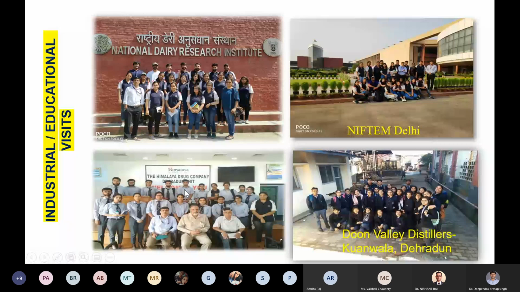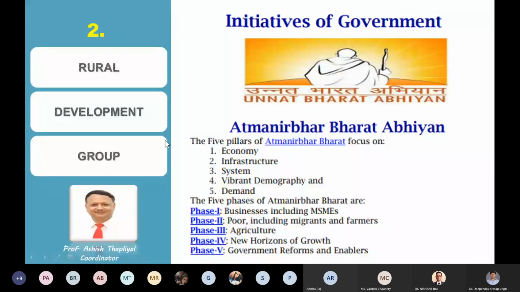Now the second club, which is the Rural Development Group. The Rural Development Group is headed by Professor Ashish Thabdiyal, and he started this group in 2018 itself. The base of this group was the government initiative of the Atmanirbhar Bharat Abhiyan.